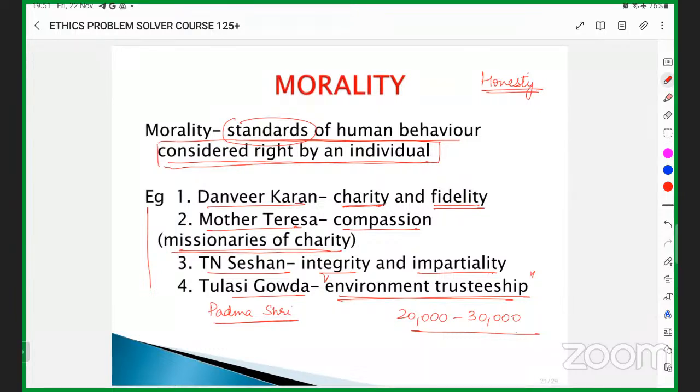Sir, patriarchal morality. Patriarchal morality. Yes, this is also a correct example. Any other example you can think of? Any example from the societal perspective?